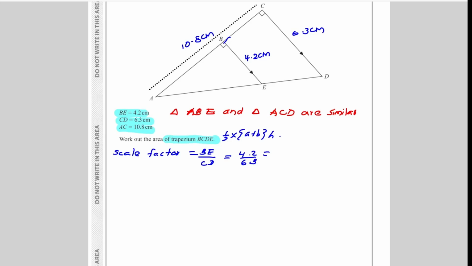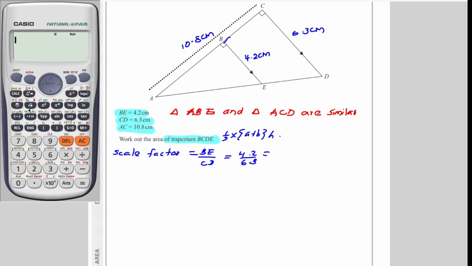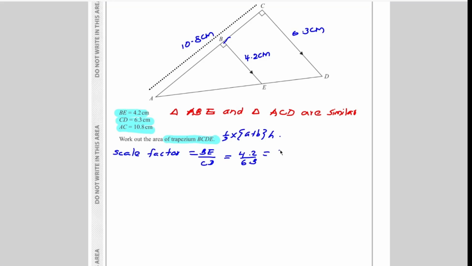Let's use the calculator and check it out. 4.2 over 6.3 equals 2 over 3. Now I know that the scale factor is 2 over 3.